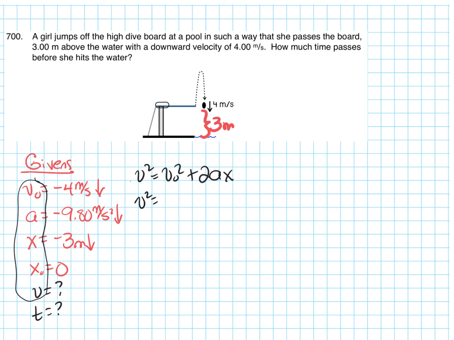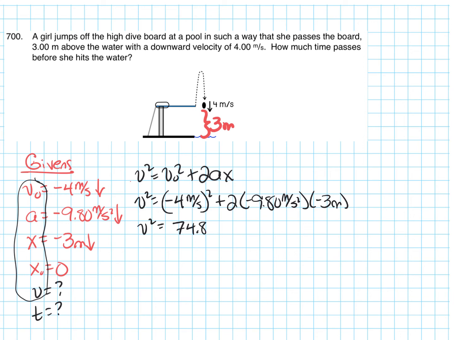v squared equals v naught squared, so that's negative 4 meters per second, squared, plus 2 times acceleration, negative 9.80 meters per second squared, times the distance, which is negative 3 meters. Great. So when I do this, I get a value for v squared of 74.8.